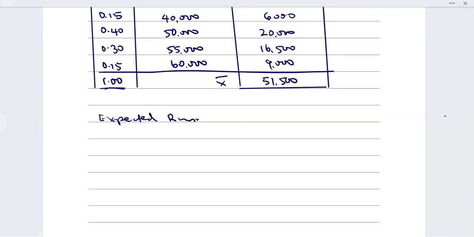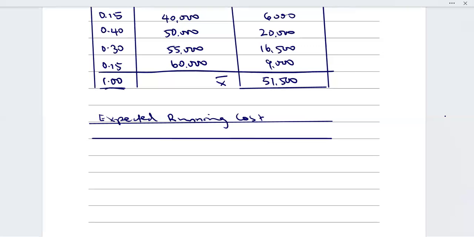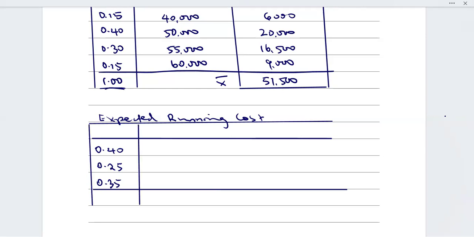Expected running costs. We have three different probabilities: 0.4, 0.25, 0.35.